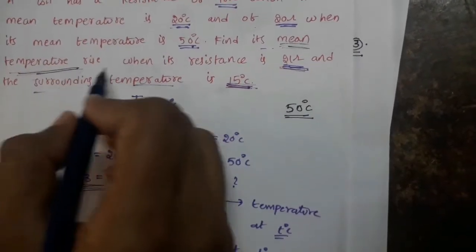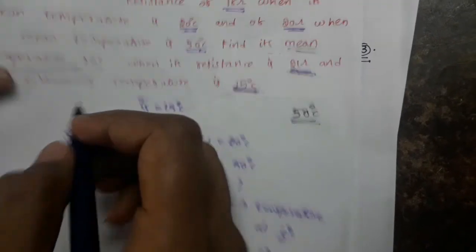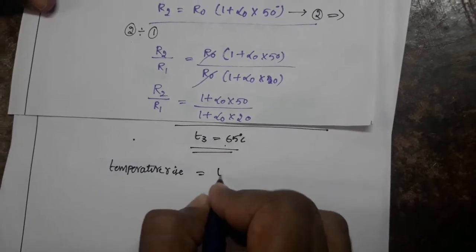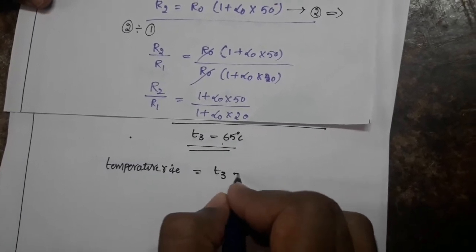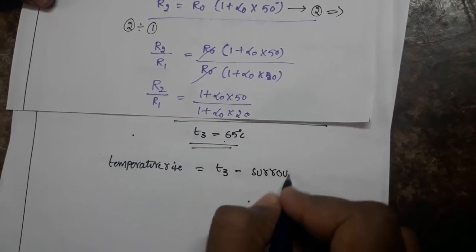Now we have to find the mean temperature rise. For finding the temperature rise, we have to subtract the surrounding temperature from T3.